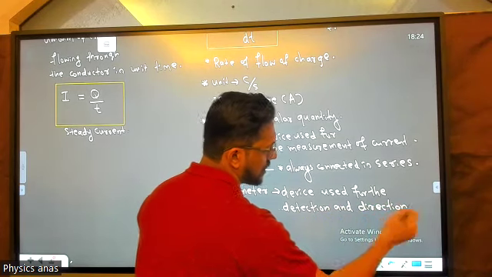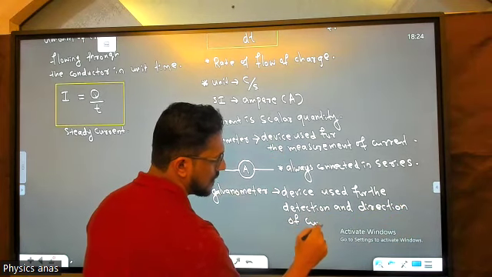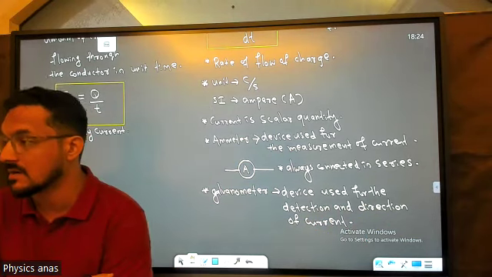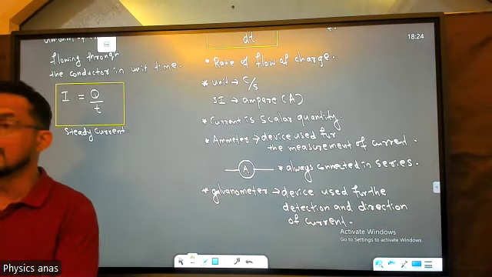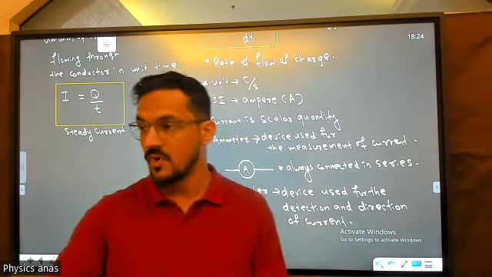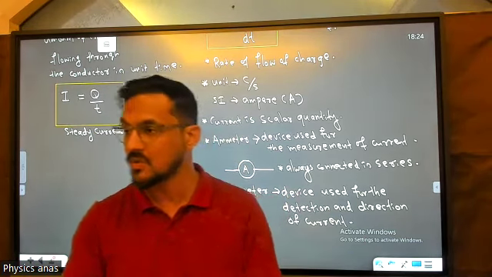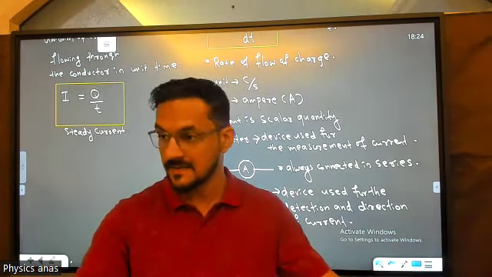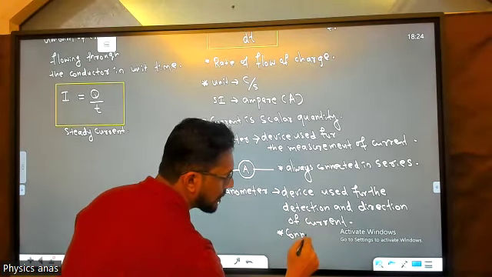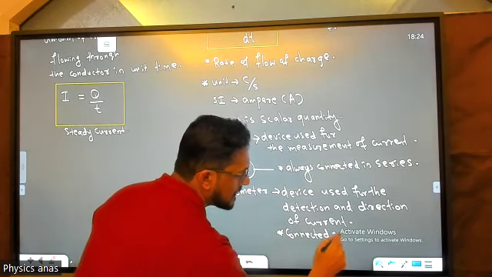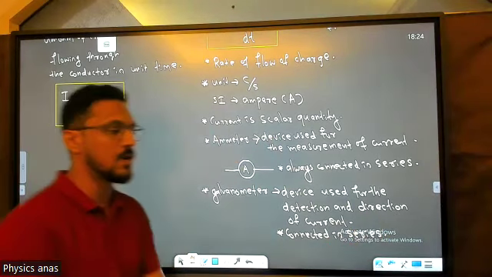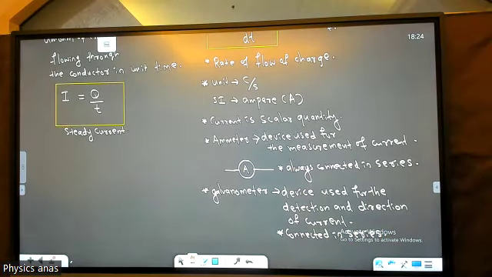It will show you the direction of current. Okay now? It is also connected in series. If you want to measure or detect current, you have to connect it in series. So the galvanometer is also connected in series.